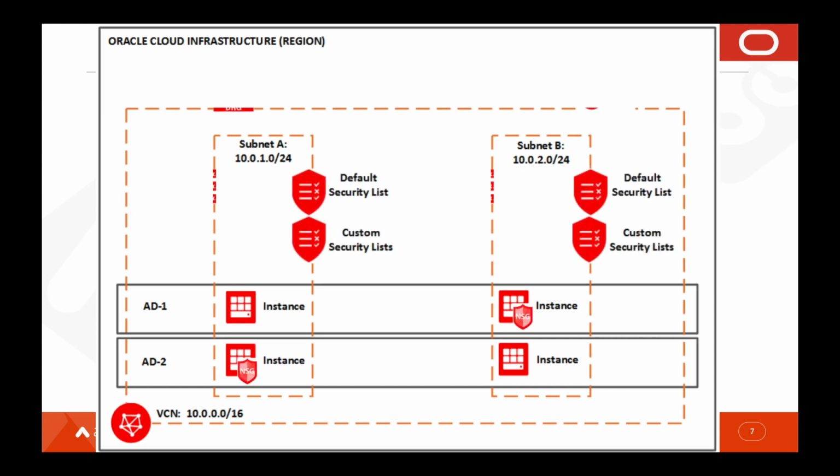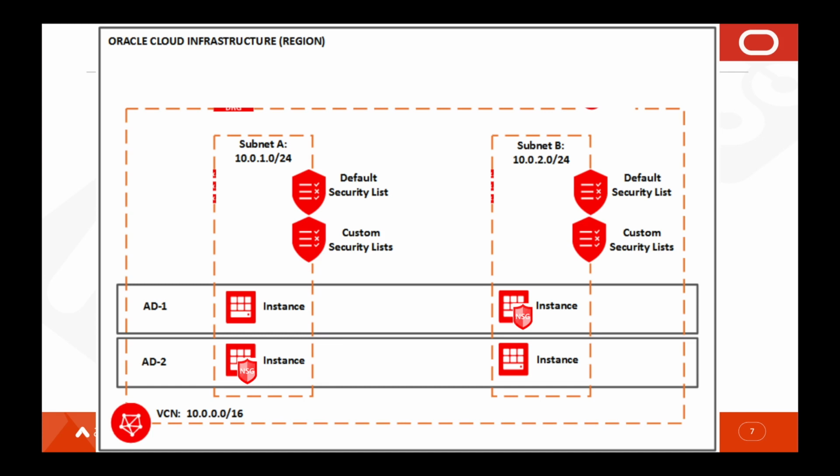Similarly to other clouds, you have ways of securing the access in and out of the resources, the instances that you are deploying in OCI. There are two concepts here: security list and network security group. A security list is similar to other clouds as a layer 4 firewall, which allows you to control what is the traffic allowed for inbound and outbound access.